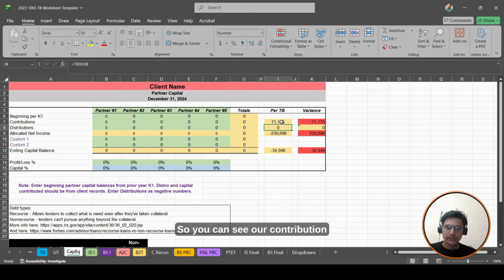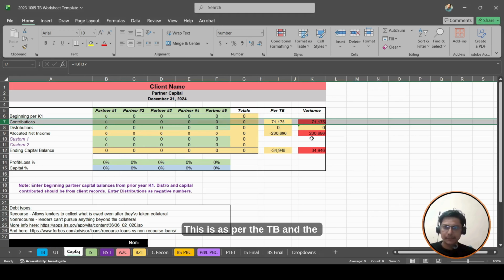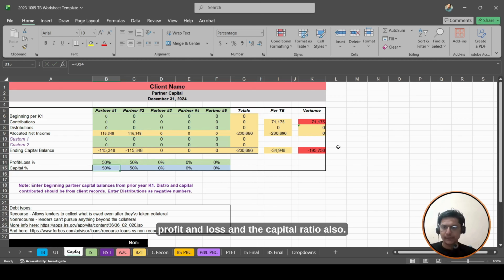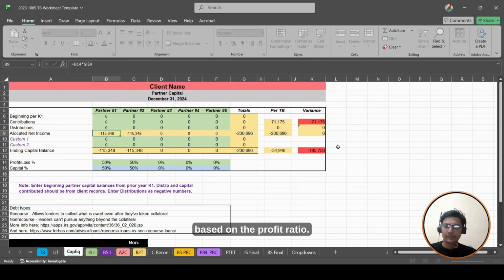So you can see our contribution 71,175. This is as per the TB and allocated income 230,696. Let's enter the profit and loss percentage, so 50/50. Same for partner 1 and 2, profit and loss, and the capital ratio also. You can see we have got the allocated net income based on the profit ratio.